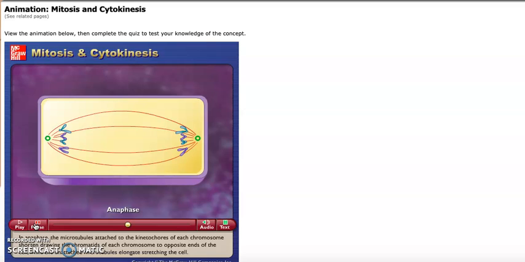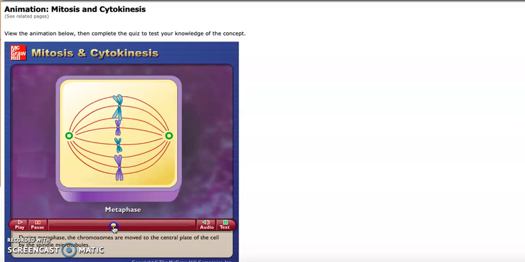Also, if you're growing and developing, if you're a baby, there's a lot of growth and development happening. This is where mitosis comes into play as well. And so you can imagine if there are 46 chromosomes lined up right here in the center, and they're replicated because DNA replication occurred, and then they're separated and pulled apart to two separate cells.